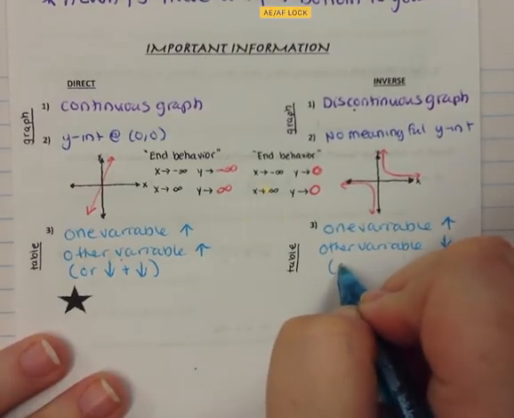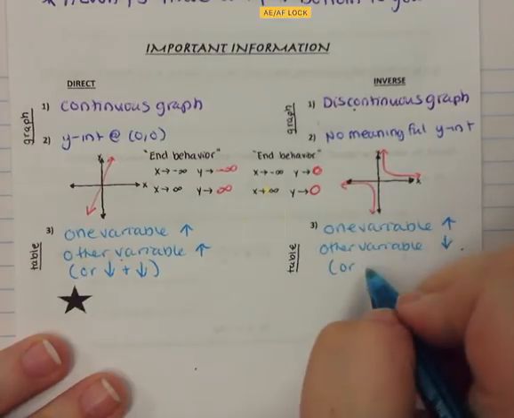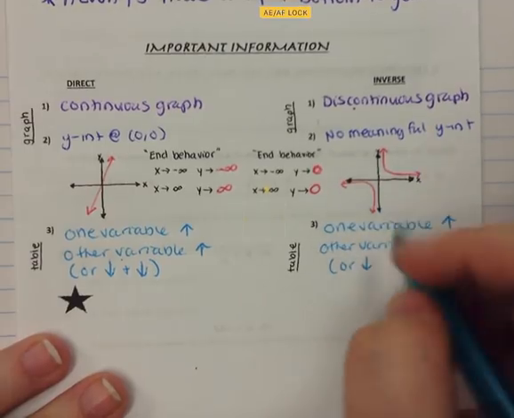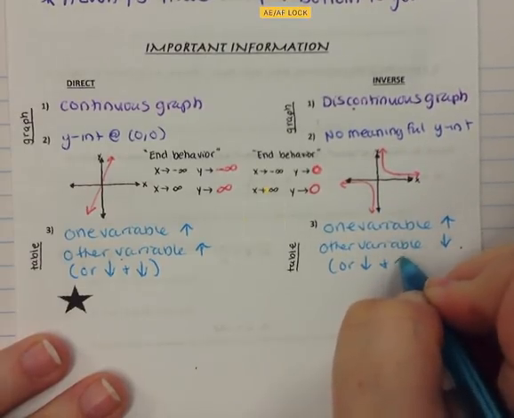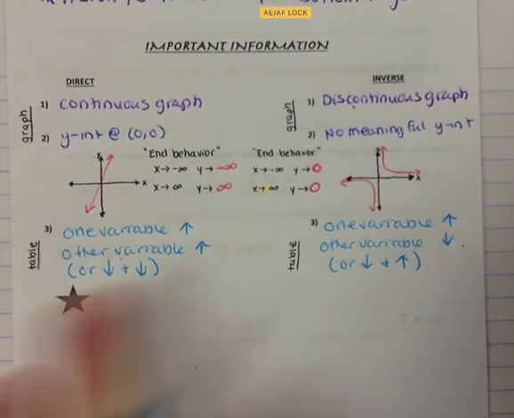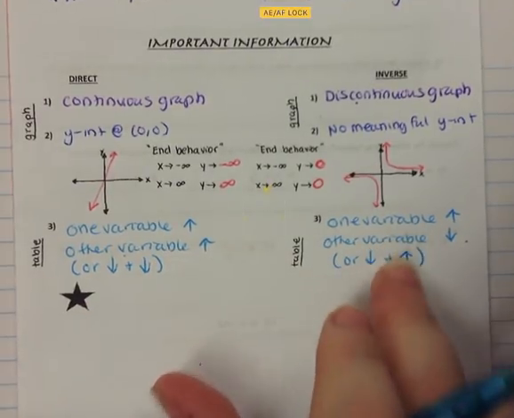Or if your x values are going down, so to the left, my y values are going to keep going up. It'll get closer and closer to 0, but it will never actually cross it. Okay, so by a table of values, if you can see that one variable's going up, the other one's going up, probably a direct. One variable going up, the other one's going down, probably an inverse.